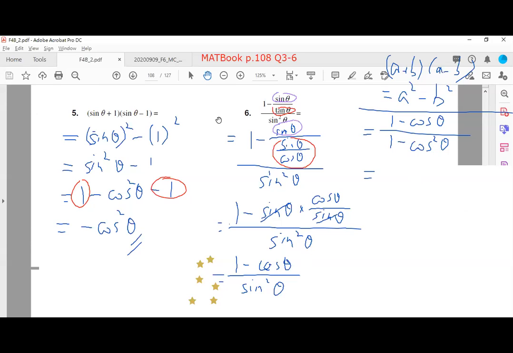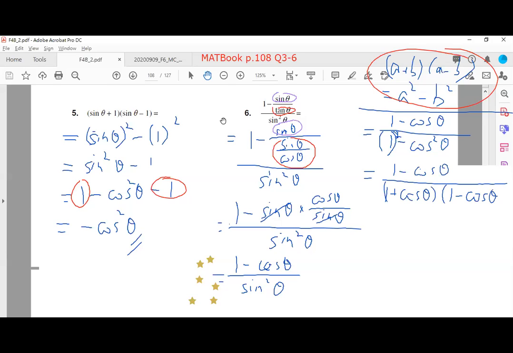We are going to do this. 1 minus cosine square theta is written as 1 square minus cosine square theta, because 1 is actually 1 square. And we are going to use this identity again, in the form of a square minus b square. We will factorize the denominator. 1 minus cosine theta is unchanged, and then 1 square minus cosine square theta becomes a plus b times a minus b.